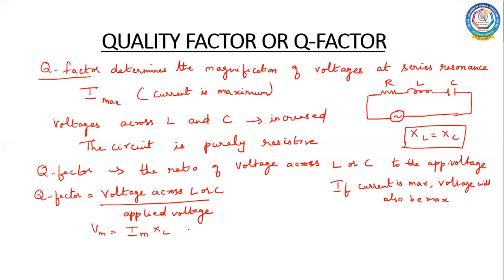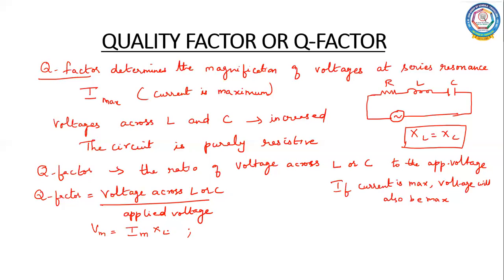And similarly, what will be the applied voltage? Now either I can write XL here or I can also write as XC, because it is the voltage across either an inductor or a capacitor. So I have taken inductor, so the value of the voltage is Im into XL.